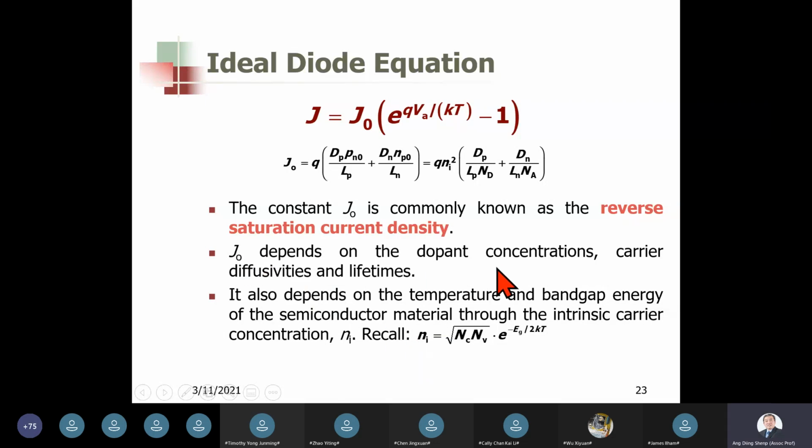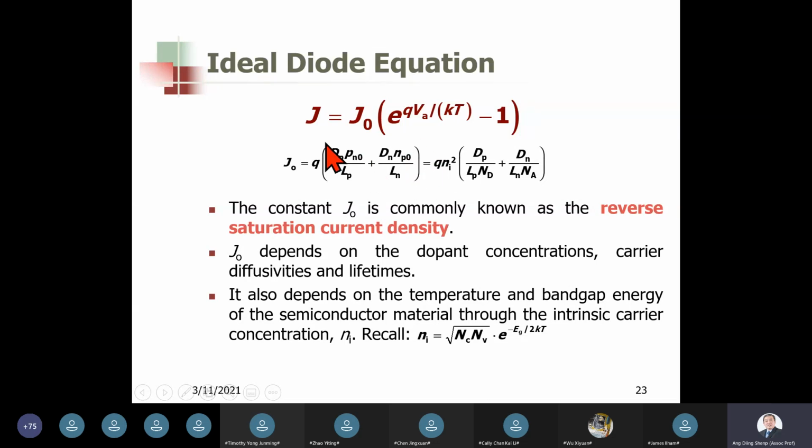Take note that J0 depends on the dopant concentration, the carrier diffusivity, and lifetime through this expression here. And notice that it also depends on the temperature, because Pn0 and Np0 themselves are a function of temperature and the band gap energy of the semiconductor through the intrinsic concentration term ni. Pn0 is ni squared over Nd, and Np0 is ni squared over Na.